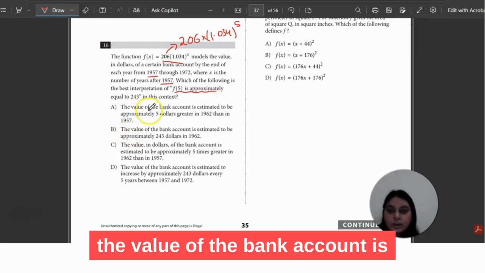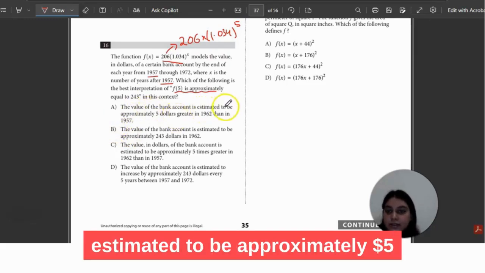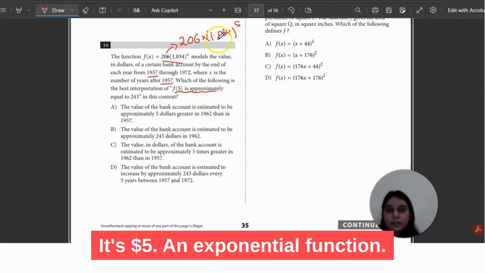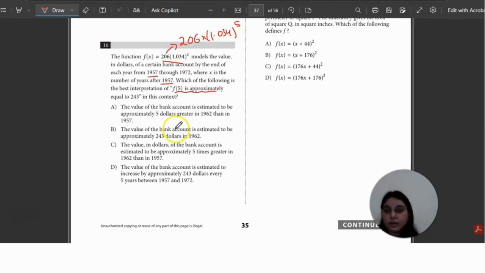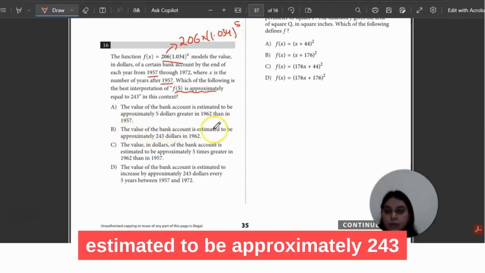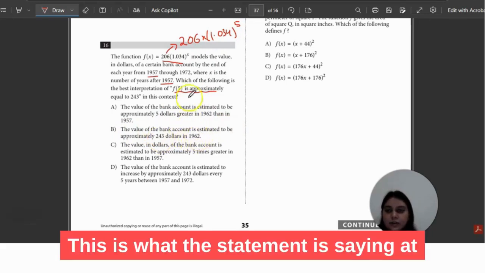But here, the value of the bank account is estimated to be approximately $5 greater in this. No, definitely not $5. It's an exponential function, so it won't increase by $5. Now the value of the bank account is estimated to be approximately 243 in 1962. This is what the statement is saying at least.